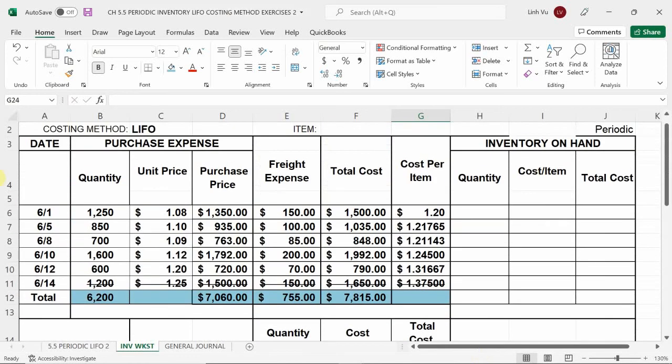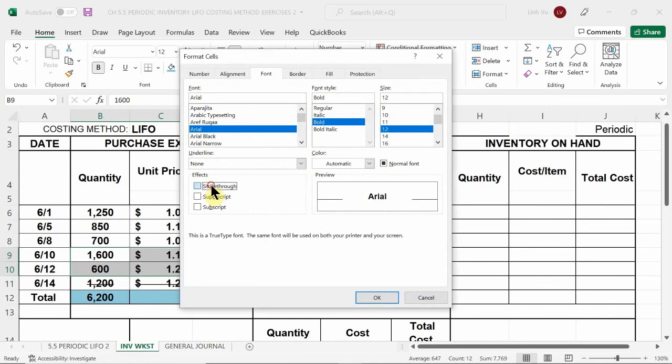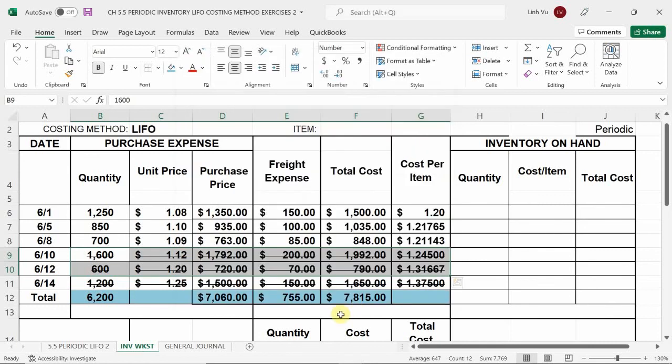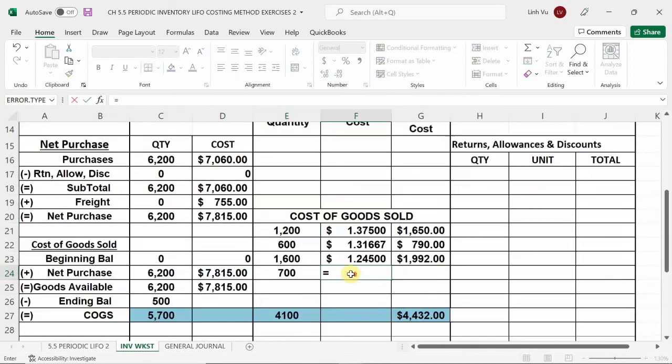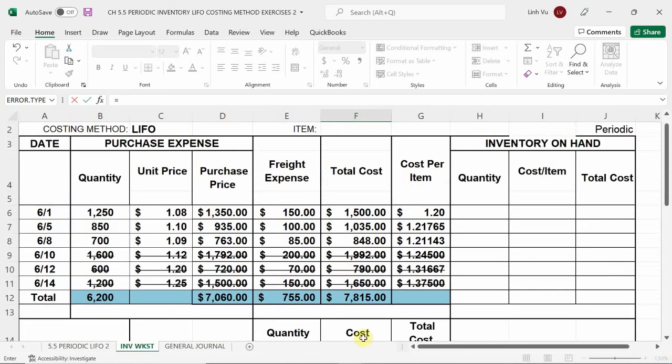Okay. So now that I got rid of these two batches of inventory here, which batch of inventory am I going to sell from next? The 700. So in this case, definitely we need to sell all 700 units. So then we take all of it.